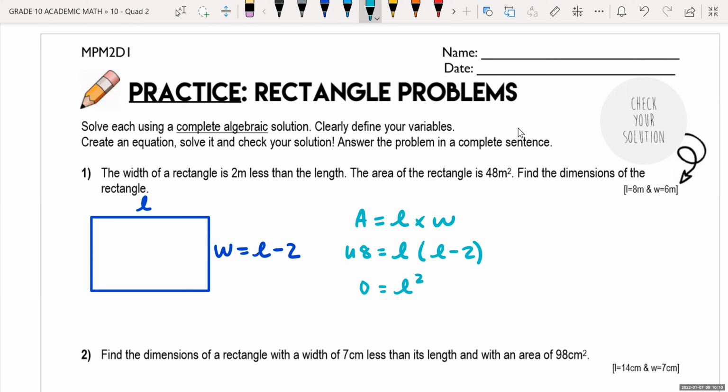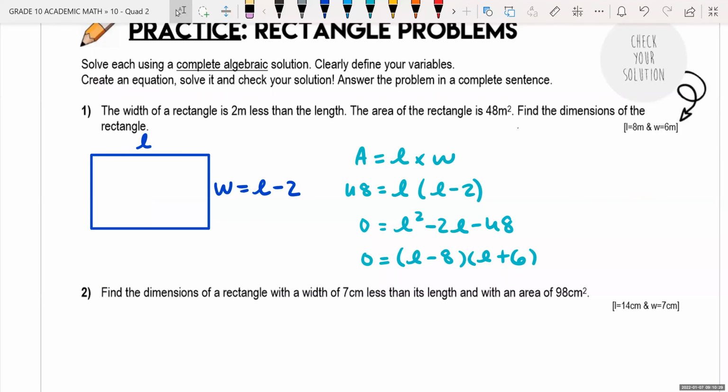You would get L squared minus 2L minus 48. And then when you solve this, it's just a simple trinomial. So it would just be L minus 8 and L plus 6. Now, when you go to solve this, you're going to notice that you get two different answers, and they would be L is equal to 8 and L is equal to -6.